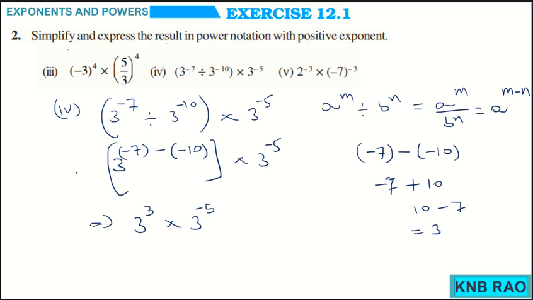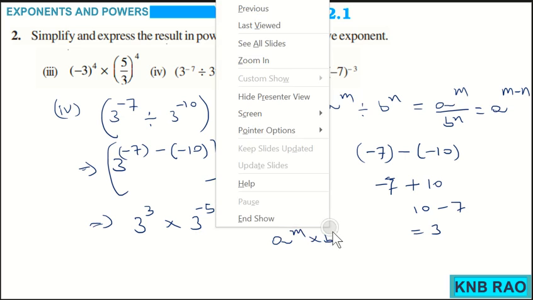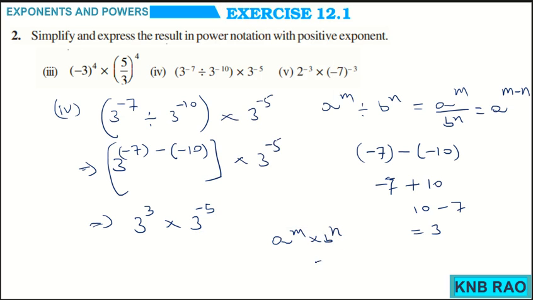So here two exponential numbers with the same base are multiplied. So we use a power m into a power n gives a power m plus n.